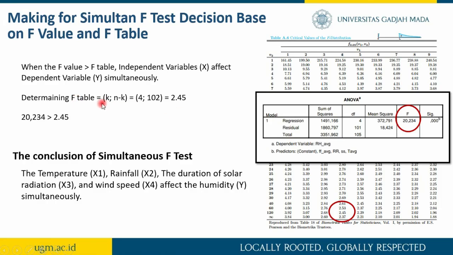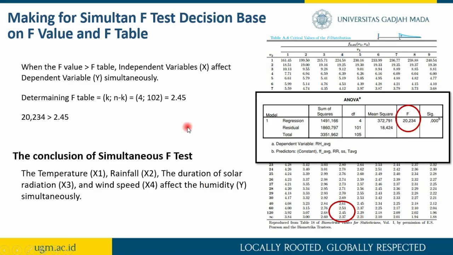K is our number of variables, and N is our number of data, and then we find this value on the F-table. Then we can make the conclusion: temperature, rainfall, the duration of solar radiation, and wind speed affect humidity simultaneously, because we know that this F-value is more than the F-table.